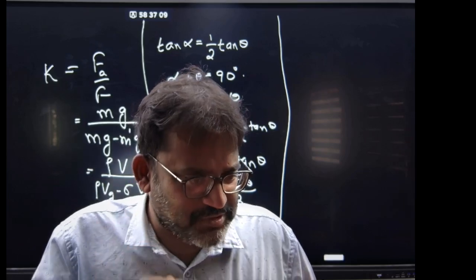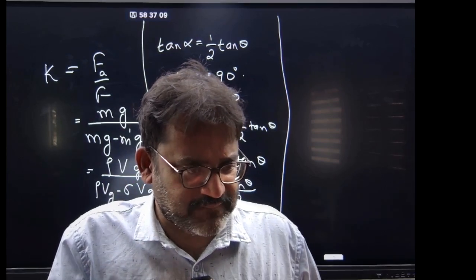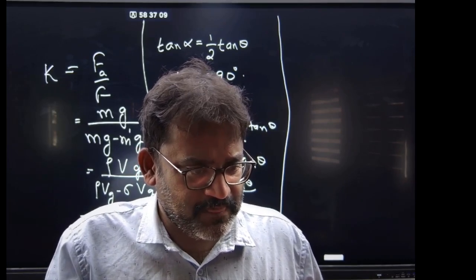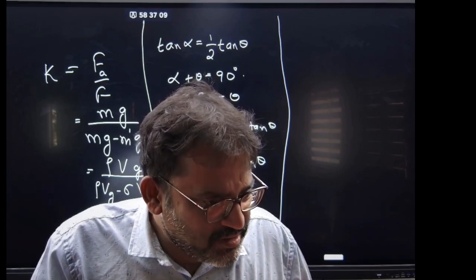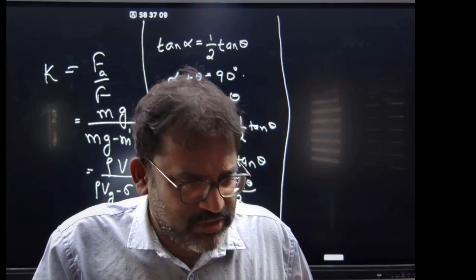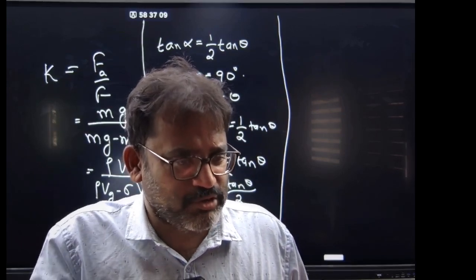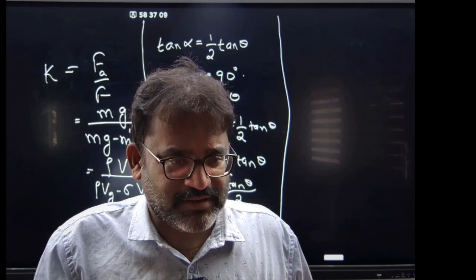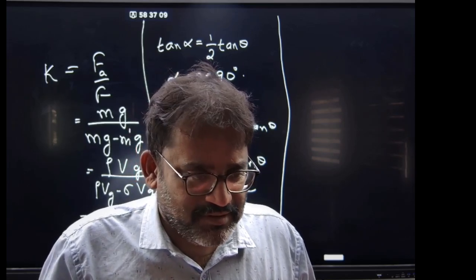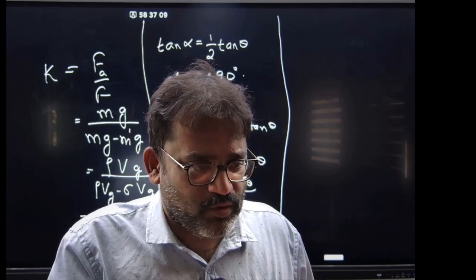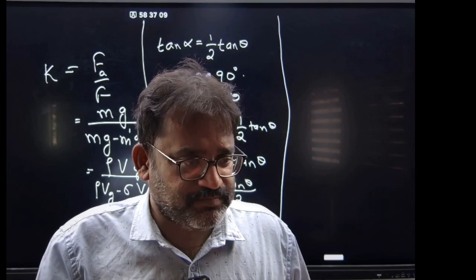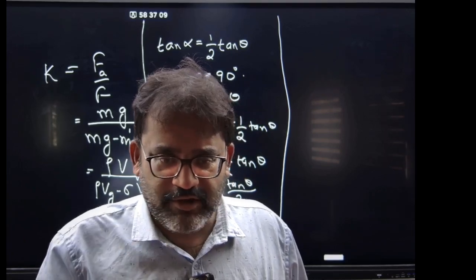S is equal to ut plus half at square. Okay, but where is that t? T is not given. V is equal to u plus at. That also can't be used because t is not given. Next. No, Buddha. V square equal to u square plus 2as. Okay, that is what you have to use.